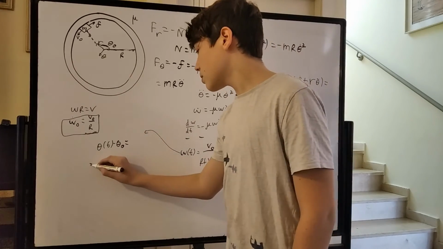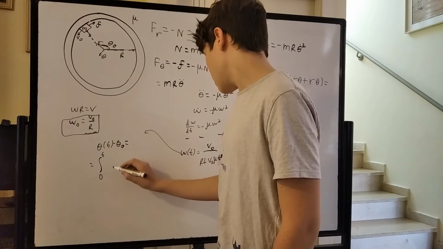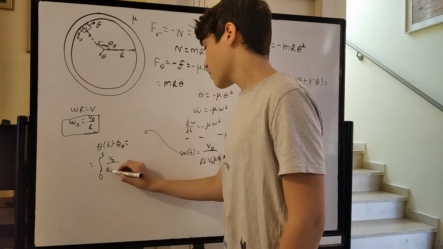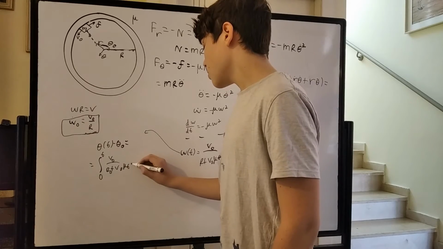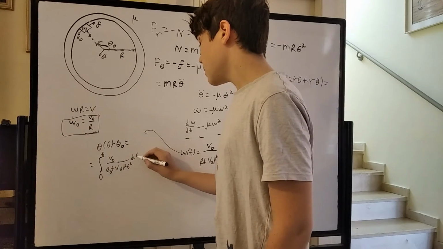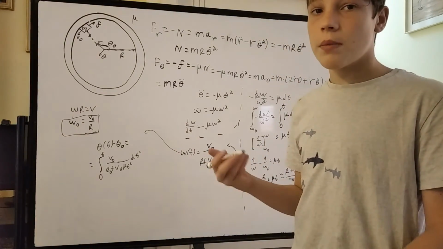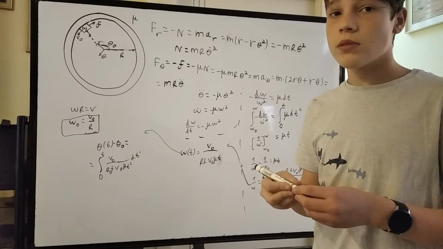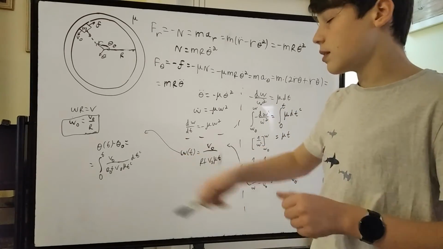This equals the integral from 0 to t of v0 over r plus v0 mu t prime dt prime. And again, I'm using t prime and not t because t is already one of the bounds in the integral. I can't reuse it as the parameter.